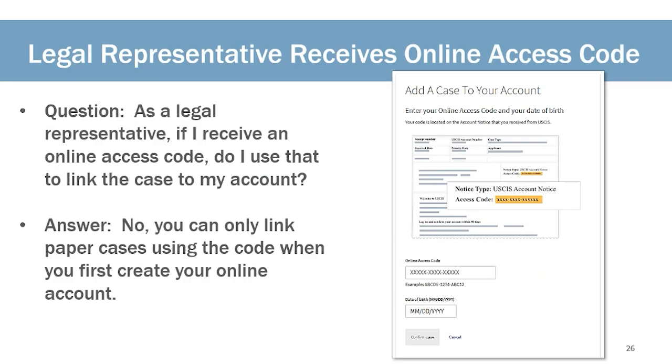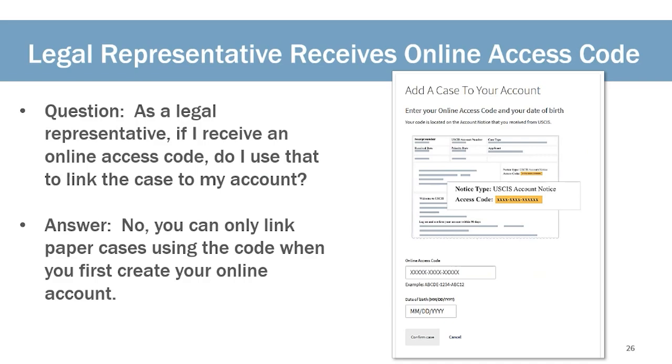So Quinn had touched on this earlier. After you link paper cases to your account, the way that paper cases link in the future, they should just link automatically based on your G28 data matching your account profile. When you get one of those notices, it means that that case did not link to your account.